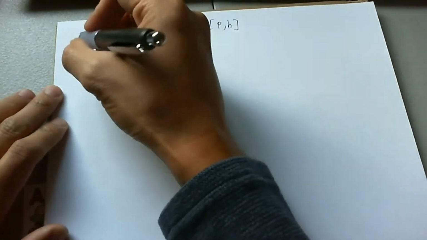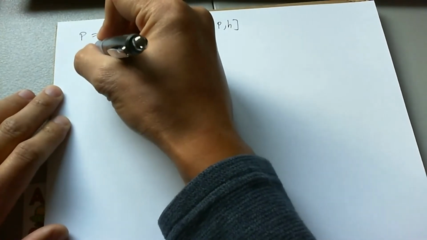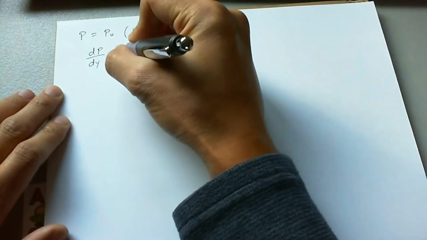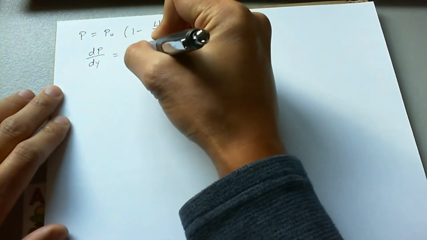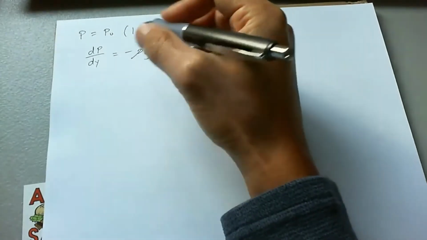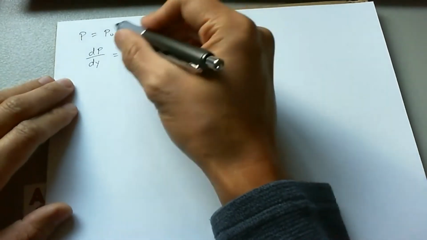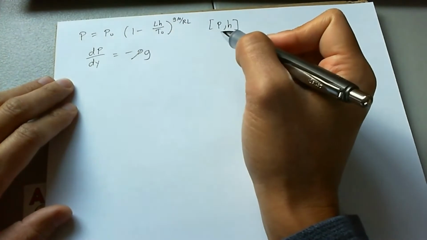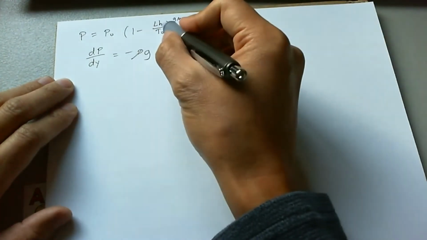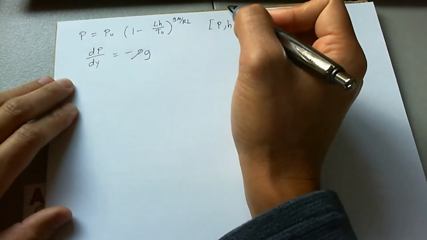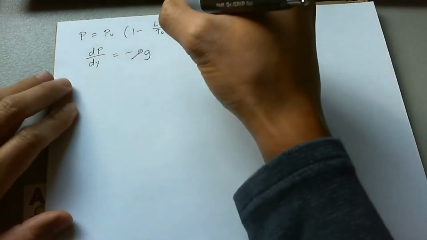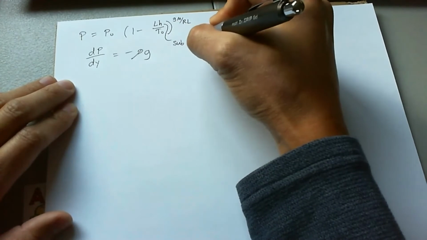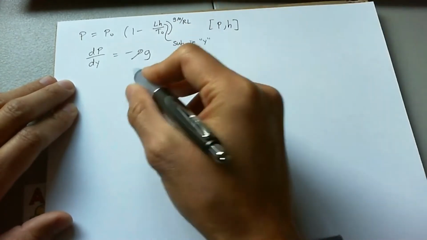So what we're going to do is continue to use this relationship of pressure as a function of height, and that's going to be negative rho times G. As you can see, the pressure being a function of height means I have to take the derivative of this and find rho in the process. Now, H is actually just a fancy way of saying y, so we'll do a substitution just so it fits our actual problem.